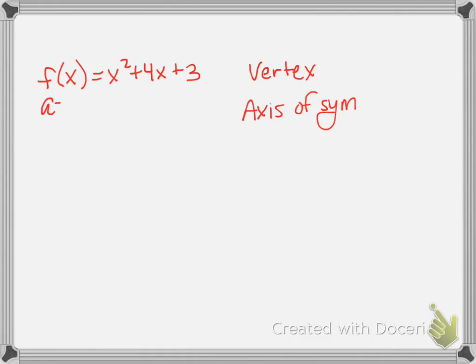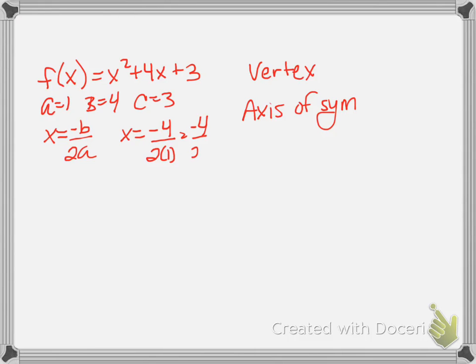So my A is 1, my B is 4, my C is 3. So I have x equals negative b over 2a. So x equals negative 4 over 2 times 1. It's negative 4 over 2, which is negative 2.